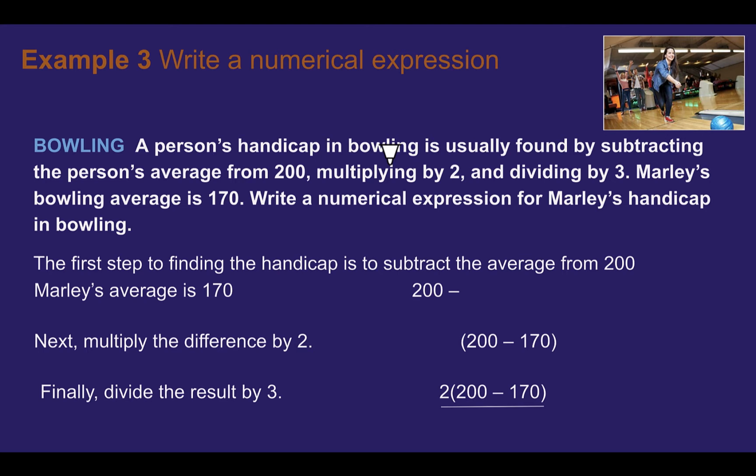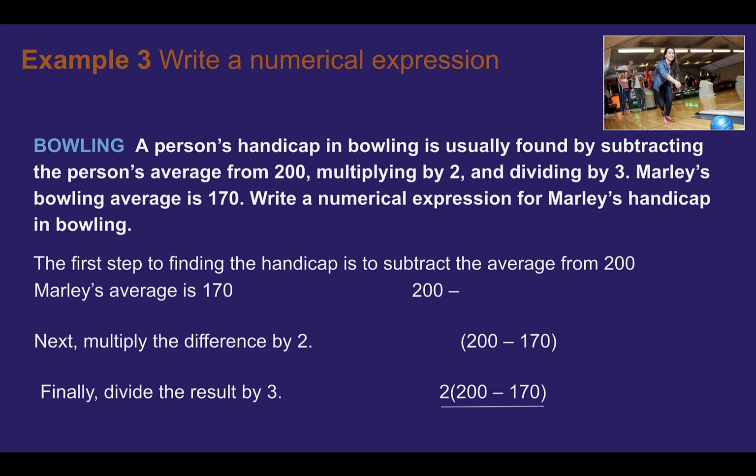Example 3. Write a numerical expression. Our real context here is bowling. A person's handicap in bowling is usually found by subtracting the person's average from 200, multiplying it by 2, and dividing by 3. Marley's bowling average is 170. Write a numerical expression for Marley's handicap in bowling. So here they broke it into steps based on what was said in the problem. So the first step is to subtract their average from 200.